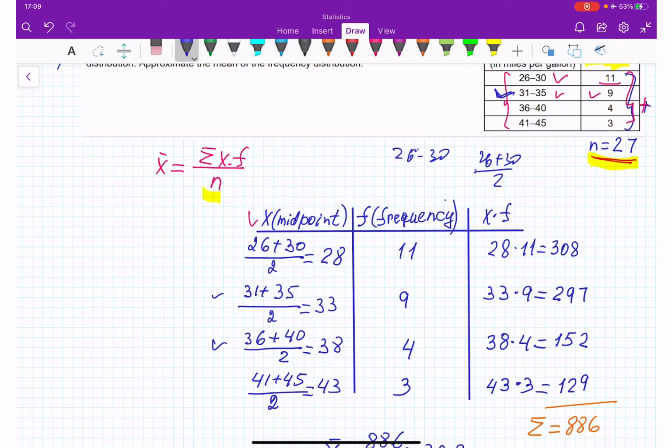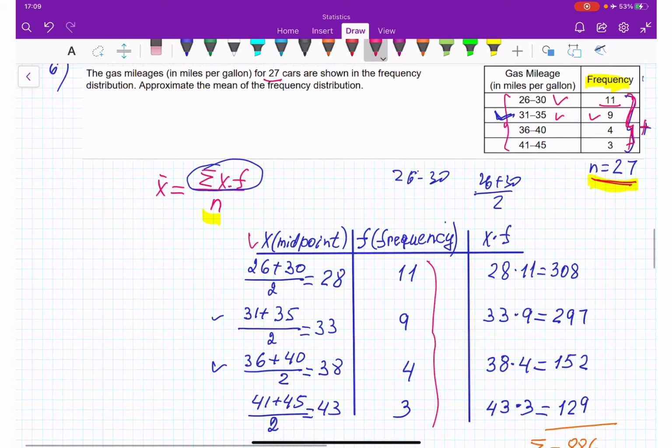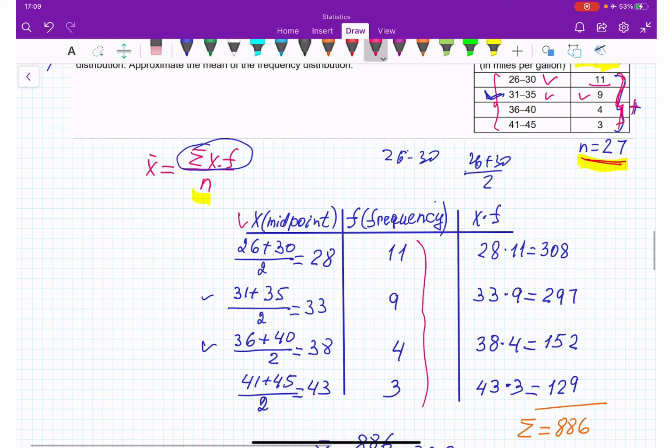Next we need to multiply, right? The frequency is the same as we had in the given table right here. So we do 28 times 11, 33 times 9, 38 times 4, and so on.